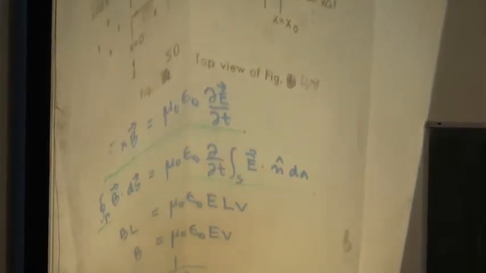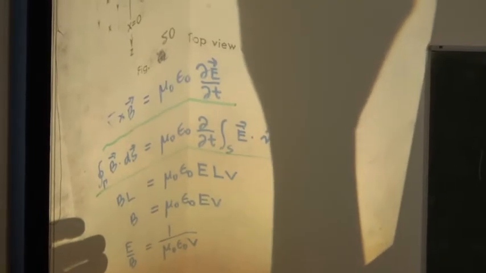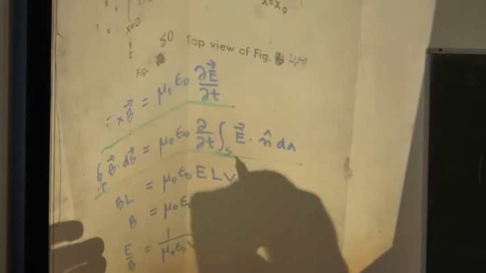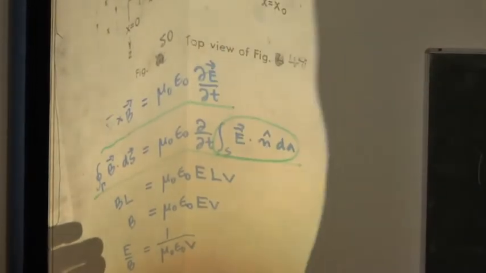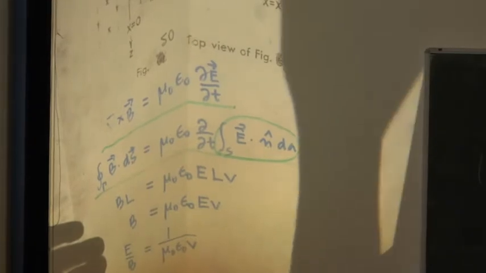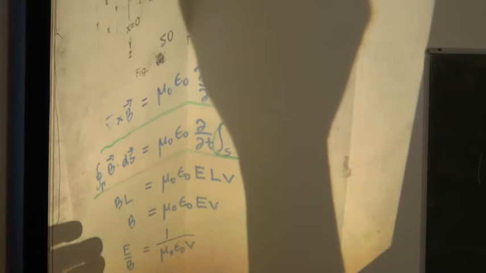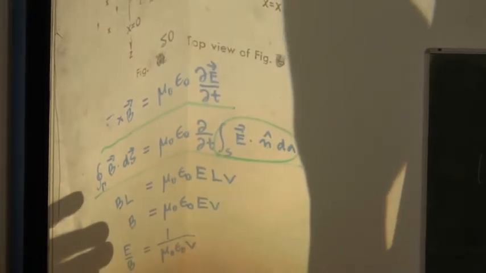I can do the same sort of calculation, throwing a Stokes loop around the wavefront, but now I'm looking at electric field lines through the loop, and I have a changing electric flux as the wavefront goes through. But as I go around my Stokes loop, I'm picking up the magnetic field.